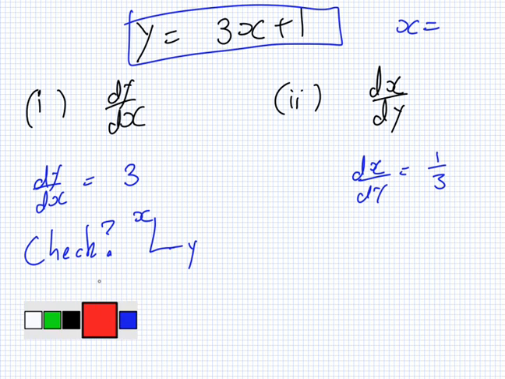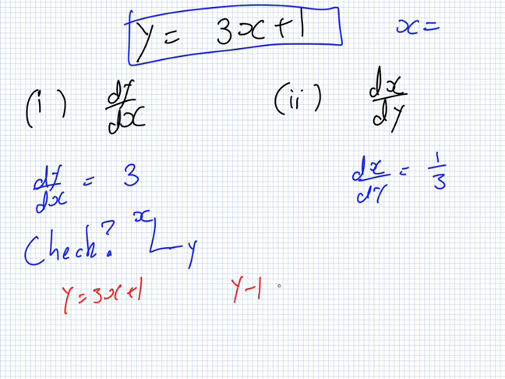So, if I have y equals 3x plus 1, that means y minus 1 equals 3x. So then what does x equal? It'd be y minus 1 over 3. Or in other words, x equals 1 over 3y minus 1 over 3.